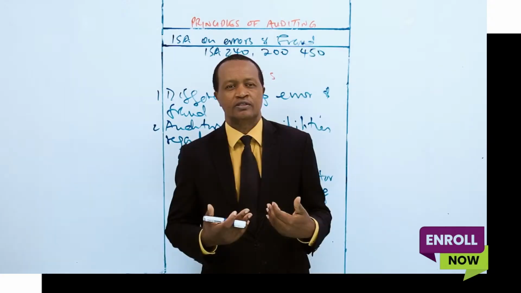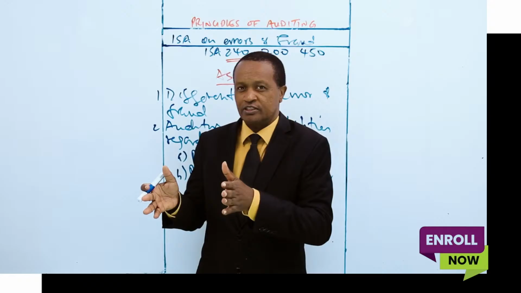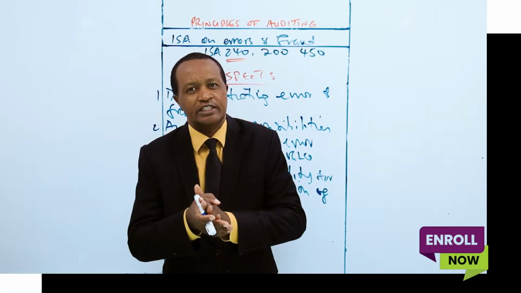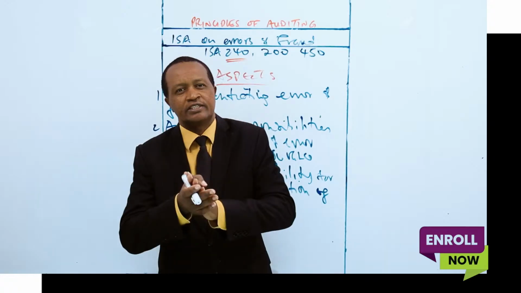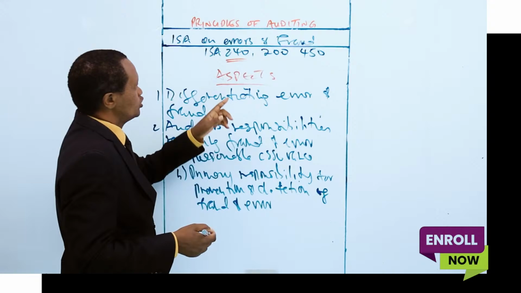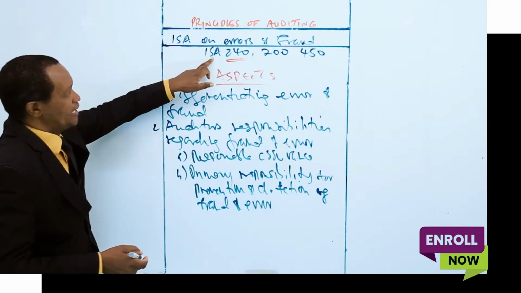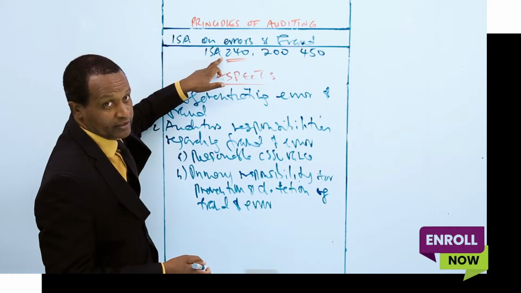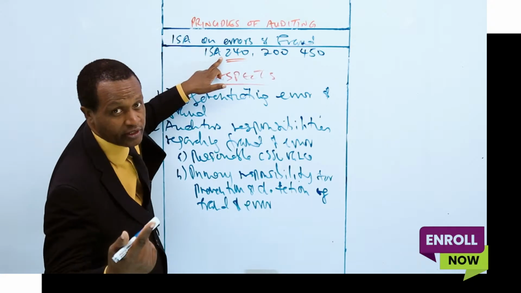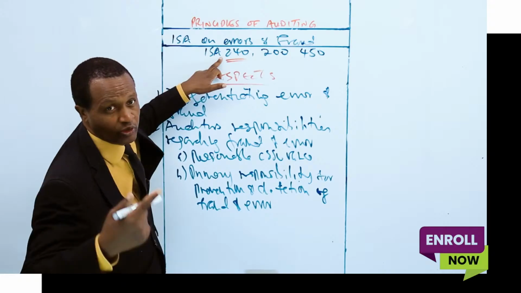The primary international standard on auditing dealing with this is ISA 240, which is titled The Auditor's Responsibilities Relating to Fraud in an Audit of Financial Statements.